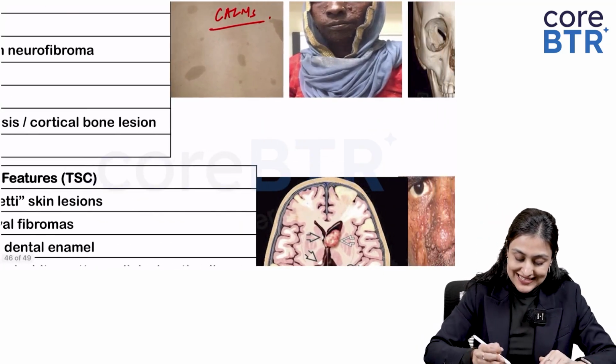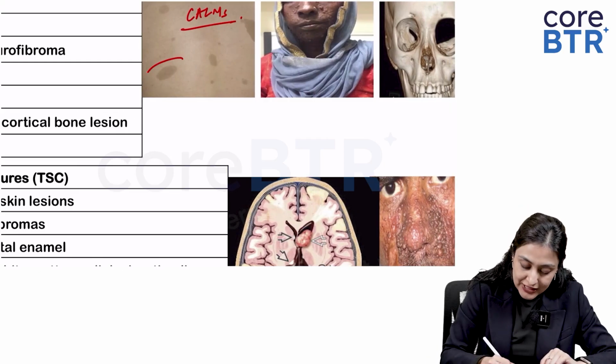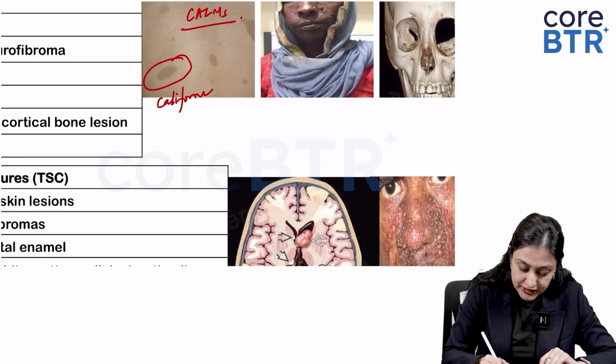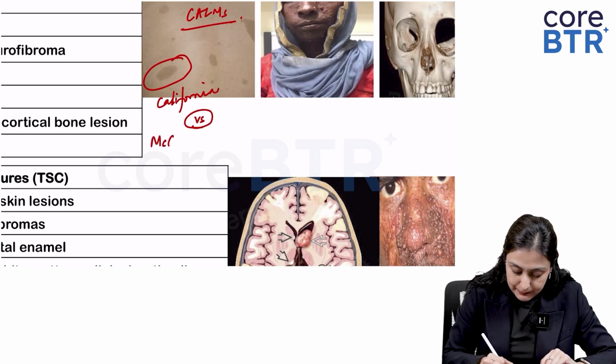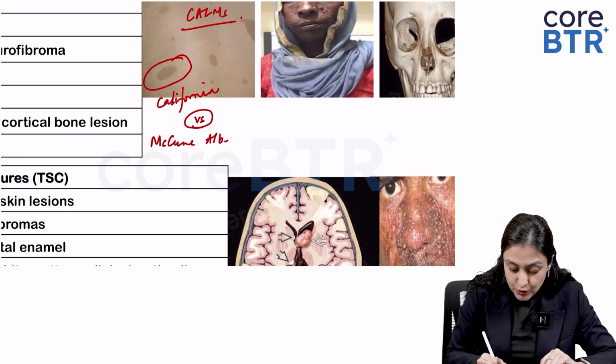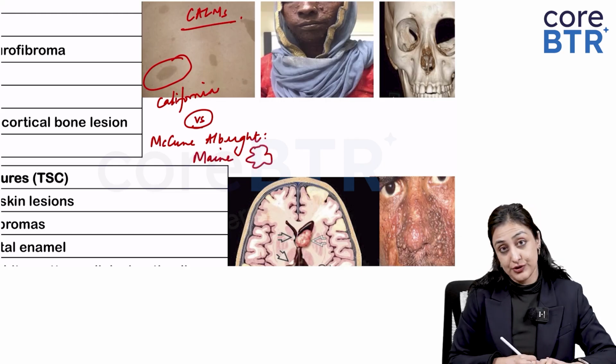Additional point here, these cafe au lait macules in NF1 are going to have regular margins, and this is what is called coast of California. This is versus the cafe au lait macules we'll study in McCune-Albright, where you also have fibrous dysplasia. That is called coast of Maine, irregular appearance.